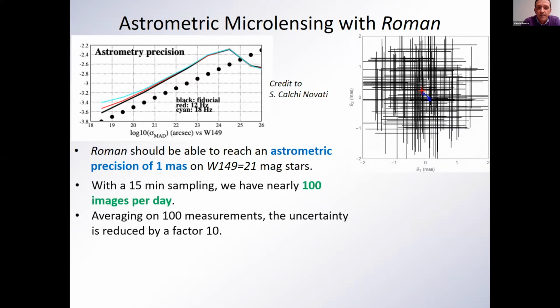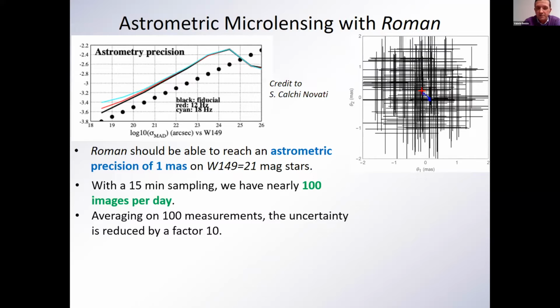If we consider 1 milliarcsecond precision, we have observations like that. It is too low a precision to observe a centroid shift in an individual measurement. But with a cadence of 15 minutes, we have nearly 100 images per day.